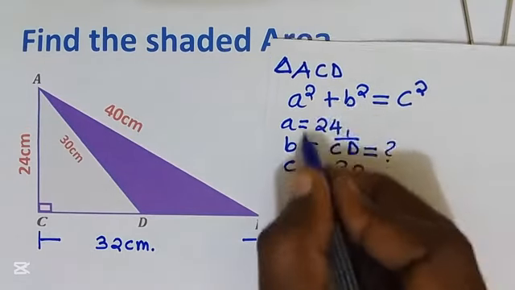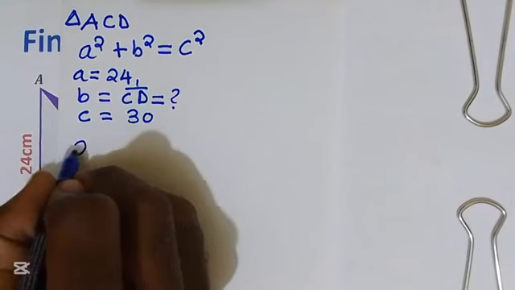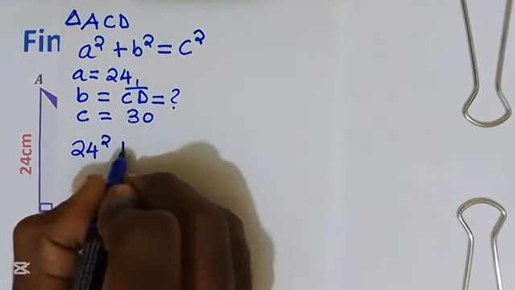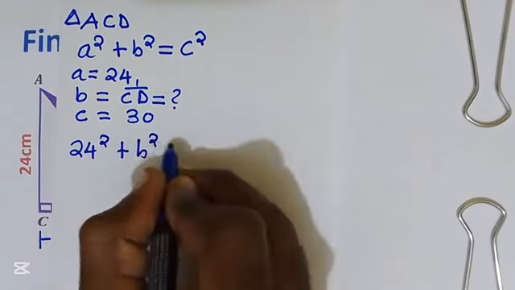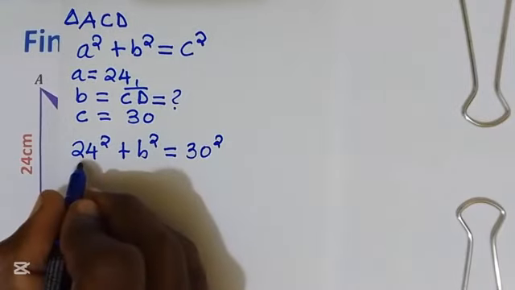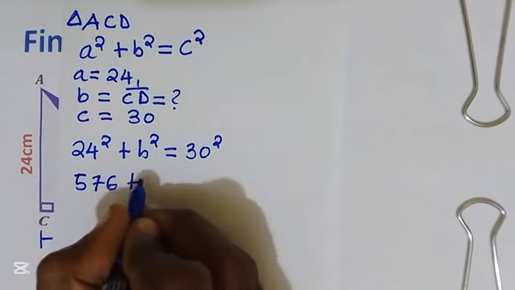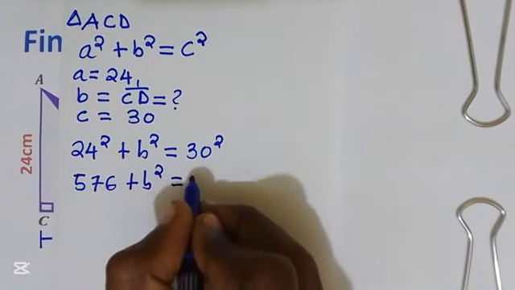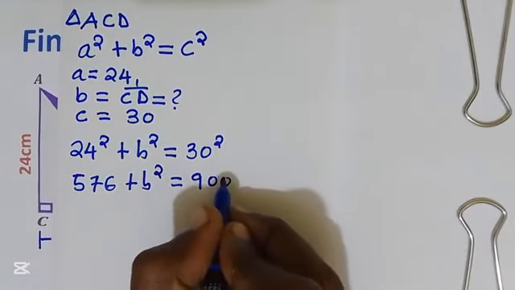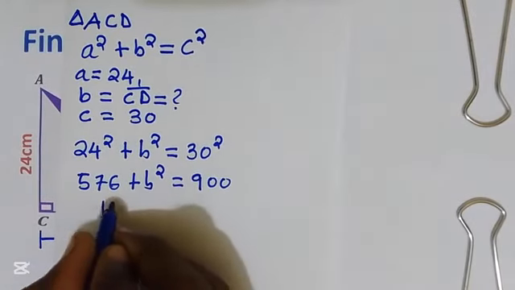I'm going to substitute this to my formula, that is going to be 24 square plus b square. This is equal to 30 square. 24 square is 576 plus b square. This is equal to 900. Take 576 to the right hand side. We remain with b square.